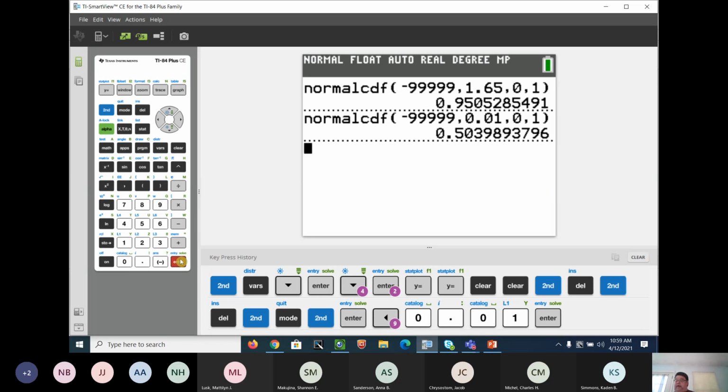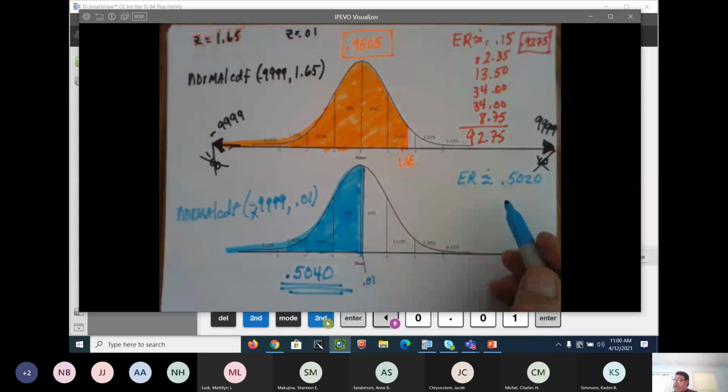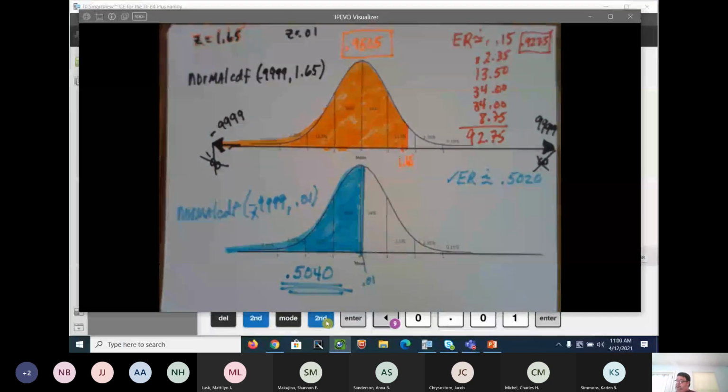I got 0.5040. Yeah, that's what I got. And notice I guessed 0.5020 just using the empirical rule, and that's a good check because we hit right in that area.